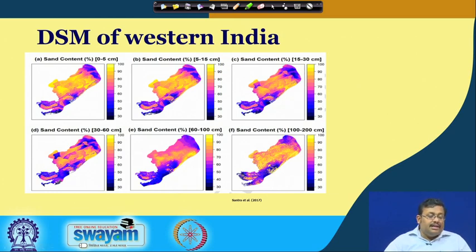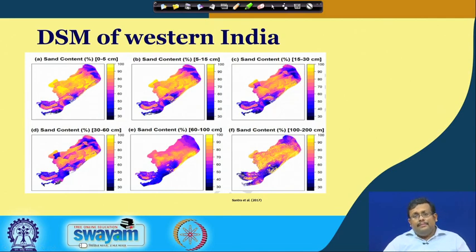As you can see, these are the DSM products, and the beauty of it is that these DSM products and maps are available for each of the standardized horizons, standardized depths. Why are these standardized depths? Because they are prescribed by the global working group of DSM, according to the GlobalSoilMap.net project. We will discuss this later on.